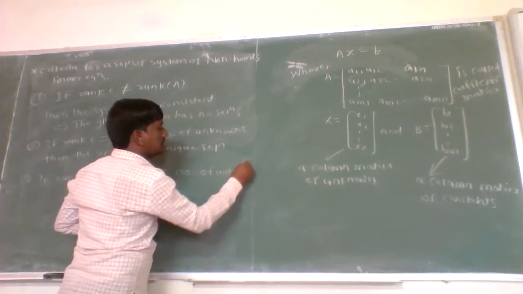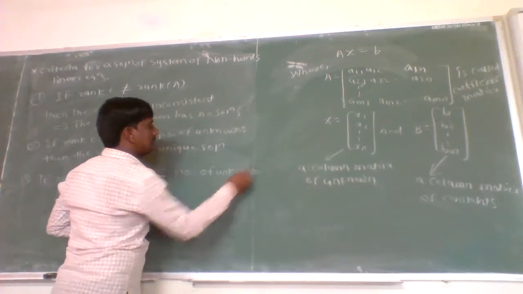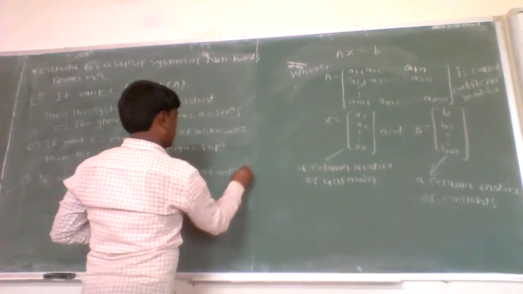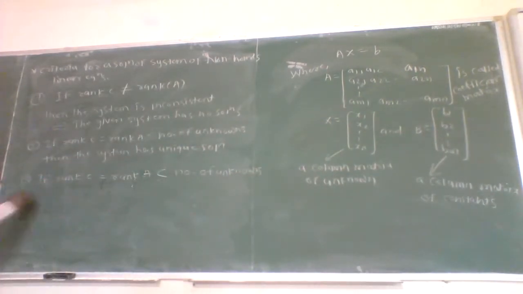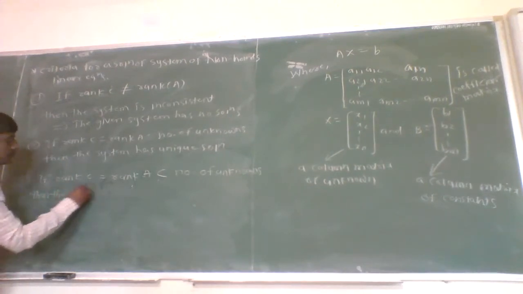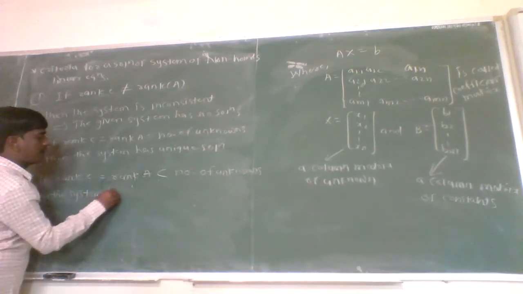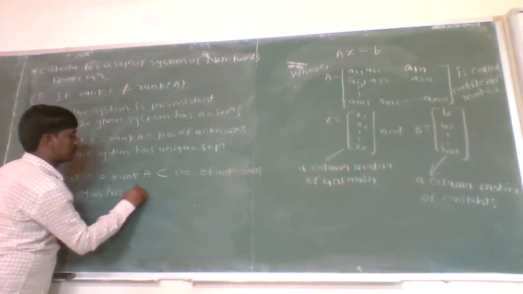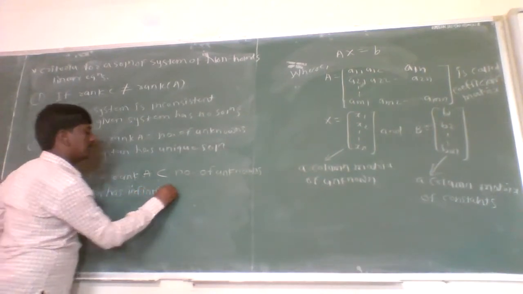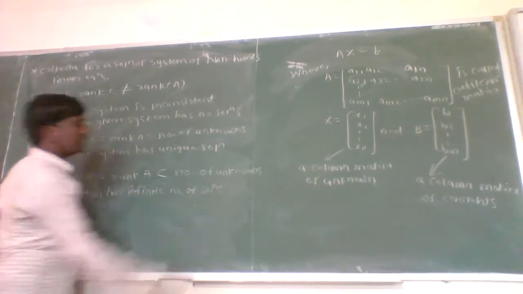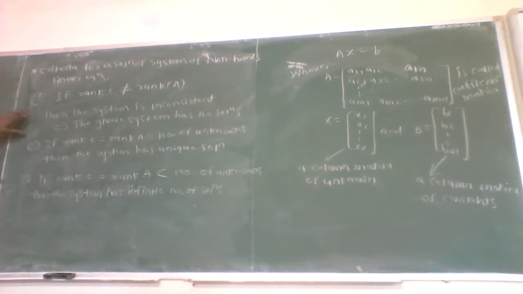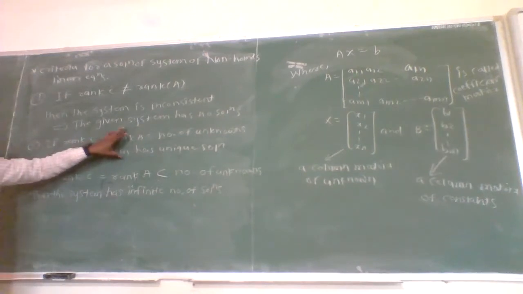As the rank is less than the number of unknowns, then the system has infinite number of solutions. Okay, this is the criteria for a solution of a non-homogeneous system of linear equations.